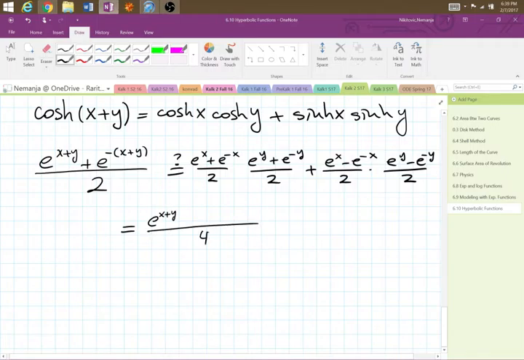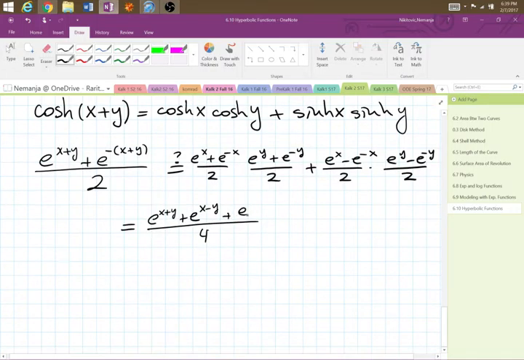It's easy. And then we have plus e to the x minus y, and then plus e to the minus x plus y, and finally plus e to the minus x minus y.